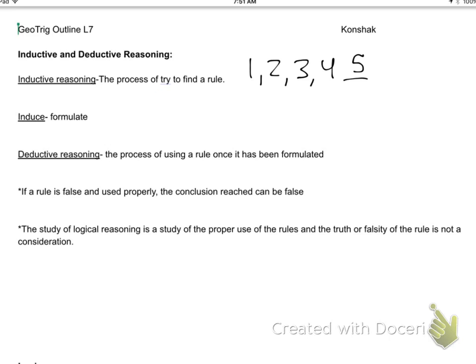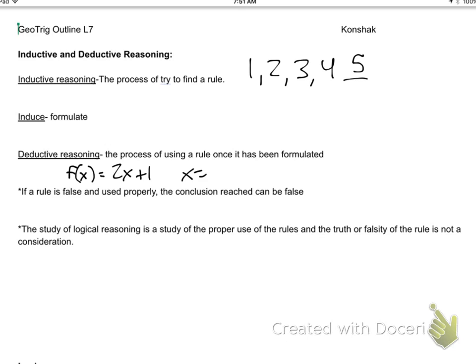The other part is called deductive reasoning, and it's the process of using a rule once it's already been there. So you use a set of rules, rule after rule after rule, to come to a conclusion. If I said, like for math at least, f of x is 2x plus 1, we could use the rule to find out what our number is.